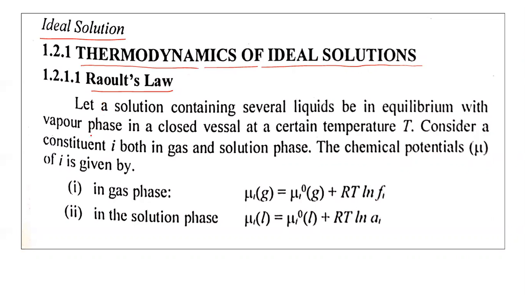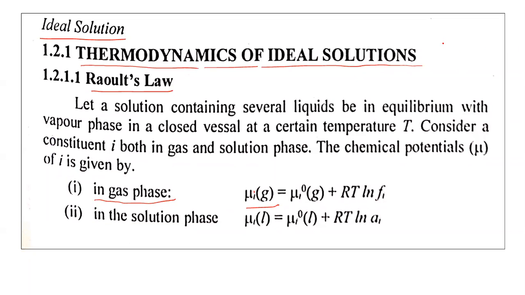Let a solution containing several liquids be in equilibrium with the vapor phase in a closed vessel at a certain temperature. Consider constituent i in both the gas and solution phase.